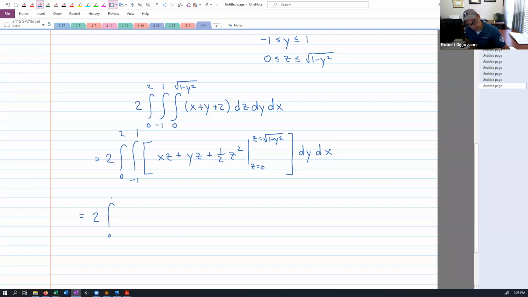When we plug in, we get x square root of 1 minus y squared plus y square root of 1 minus y squared plus 1/2 times 1 minus y squared, because we square the square root and it goes away. And we got that.